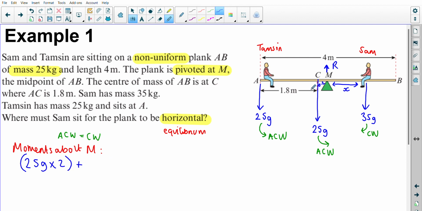Then I will have the centre of mass force, so it'll be 25g also, times that tiny perpendicular distance there. And that's going to be equal to 35g, Sam's weight, times the distance he is sat from M, so x. Now I can simplify these on the left.